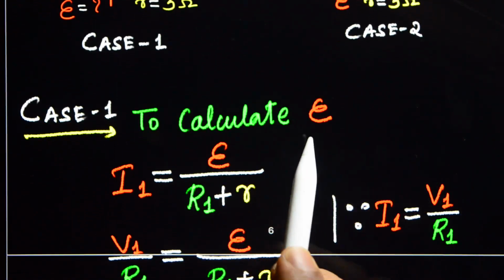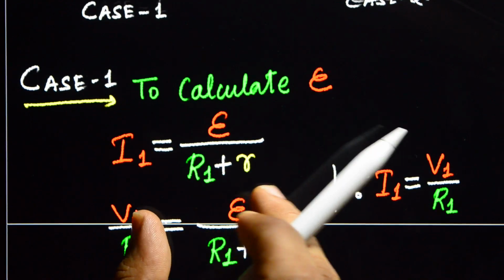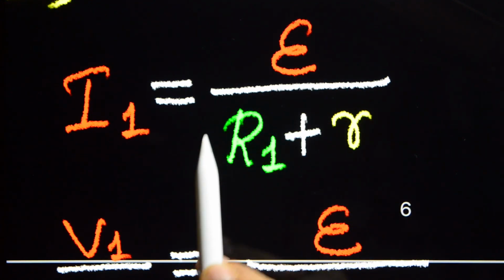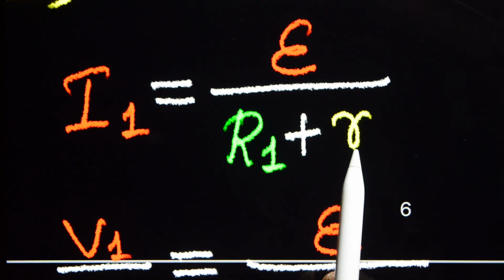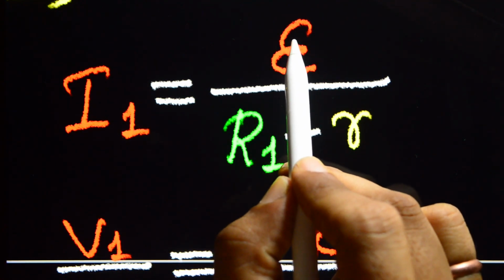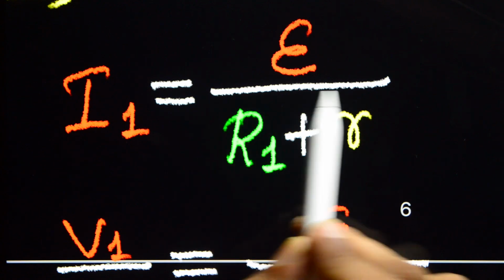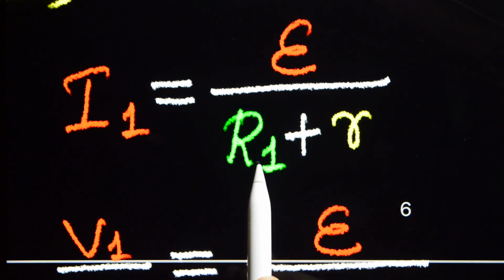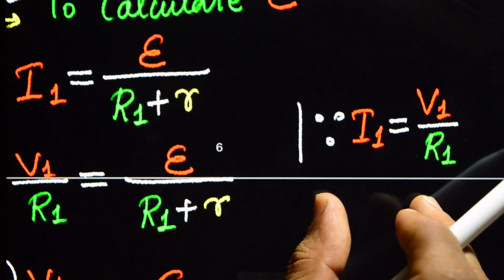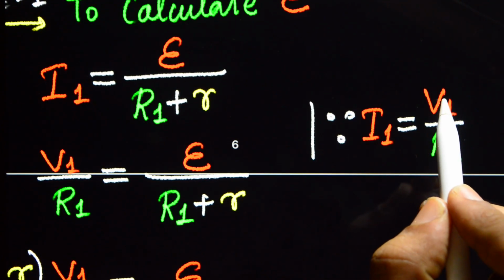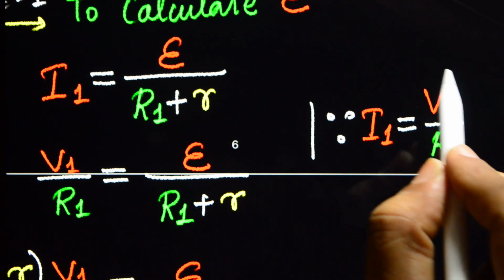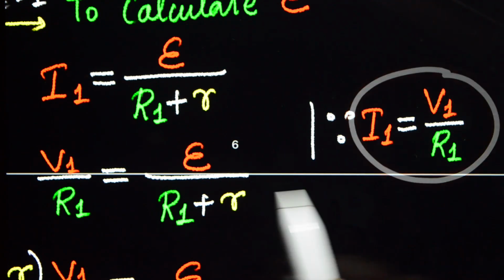To calculate the EMF of the cell, we need to know this formula: I is equal to EMF divided by external resistor plus internal resistance. Here I1 is equal to E, that is EMF of the cell, divided by R1, that is external resistor, plus small r. I1 is equal to V1 by R1. Substitute that I1 value V1 by R1 here.